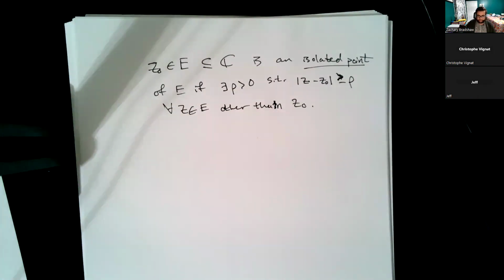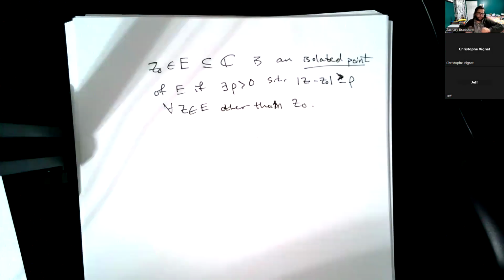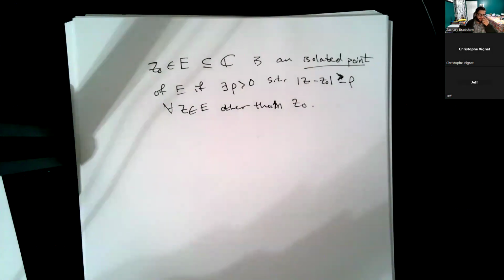So if I can find a point such that every other point in the set is at least some distance away from that point, then that point is isolated.